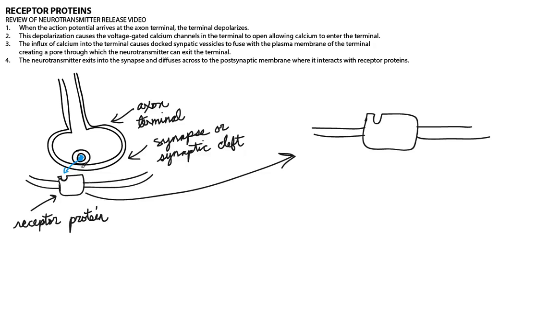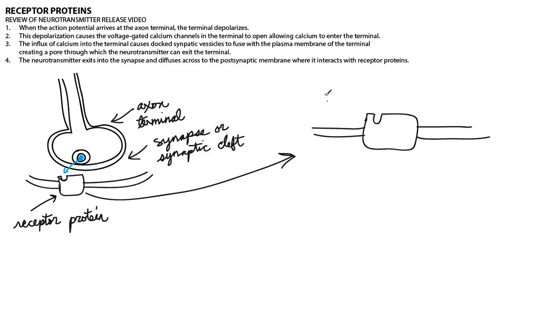I've blown up this receptor protein over here, and we're going to take a look at how the neurotransmitter affects the receptor protein. Of course, these 2 lines represent our lipid bilayer, and here is the receptor protein. Receptor proteins don't actually look like this. This is just a representation.